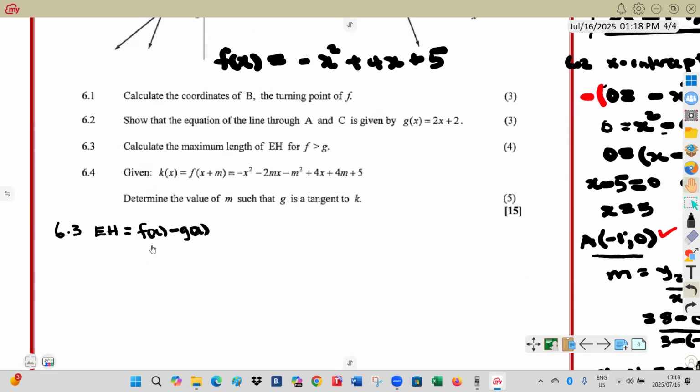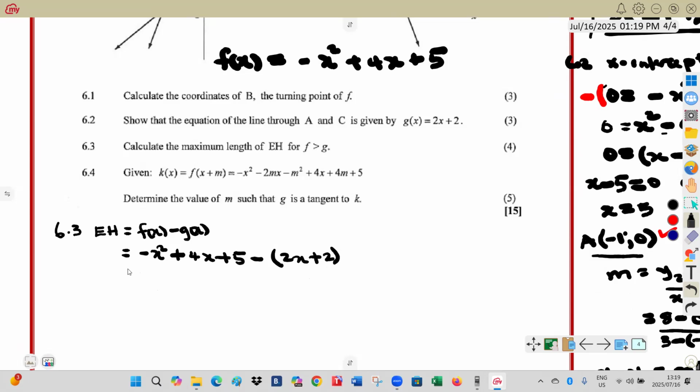Then let us go and check. We have F(x), we know it. So this is going to be equal to negative x squared plus 4x plus 5 minus the g of x, which is 2x plus 2.